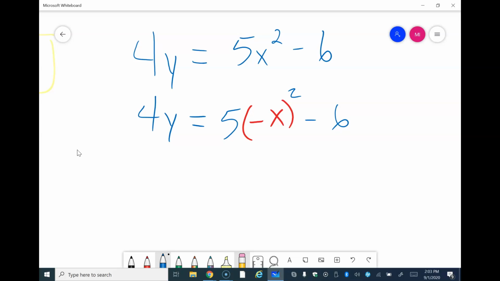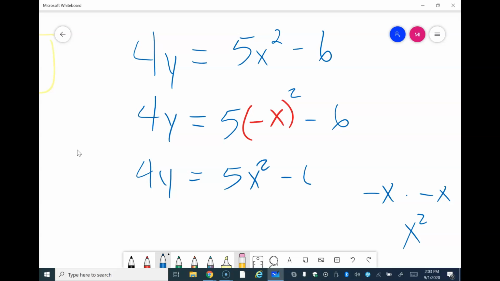If you square an x, that's negative x times negative x, that gives us a positive x squared. So 4y is equal to 5x squared minus 6. As we can see, this one looks exactly like our original one. So I'm done.